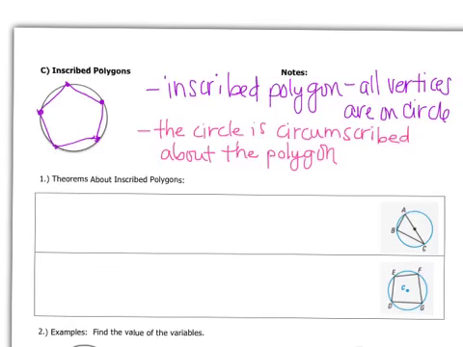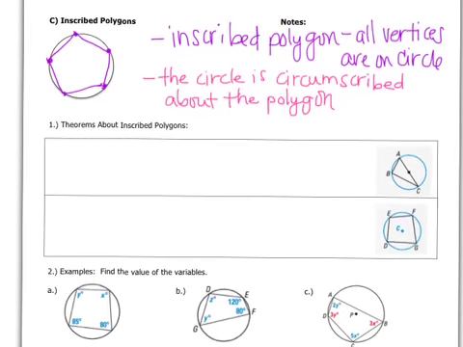Inscribe means to write. So the circle is written around the polygon is all that means. So if you're told that the circle is circumscribed about the polygon, then that means the polygon is inscribed. Okay? We have two theorems about inscribed polygons that we will talk about.